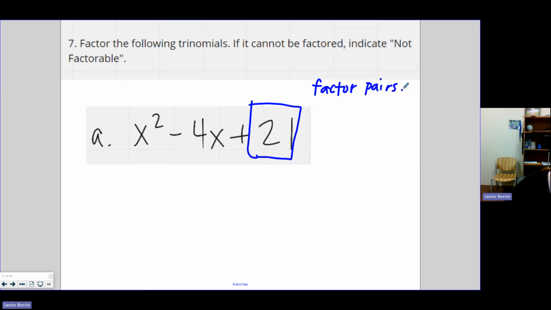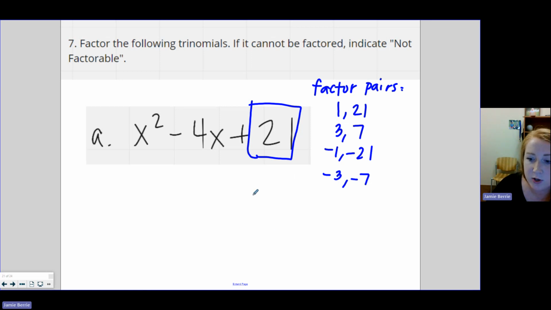What are some things that multiply to give you 21? 1 and 21, and 3 and 7. Anything else? You could do -1 and -21, or -3 and -7.